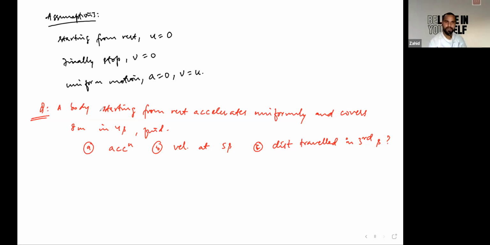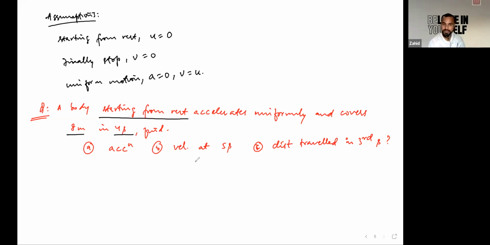Just in this part, we have a body starting from rest, so its initial velocity would be 0. Covering 8 meters in 4 seconds, it means S is 8 and t is 4 seconds. So just use the second equation of motion and you'll get the acceleration of that particular object.